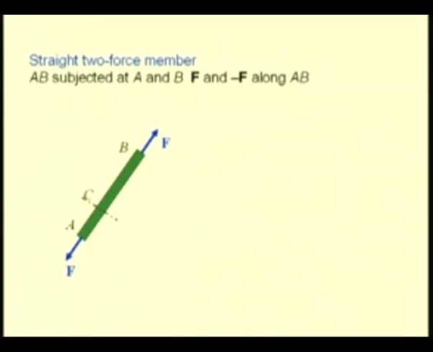Let us consider first a straight two force member AB which is subjected to the force F at A and an equal and opposite force at B. If we are interested to know what kind of forces are set up at a section say C, then let us create a virtual section at C and create the free body diagram of one of the portions, say AC.